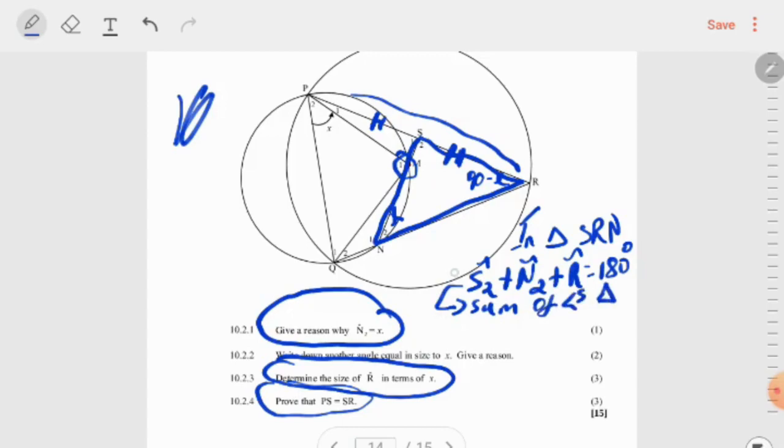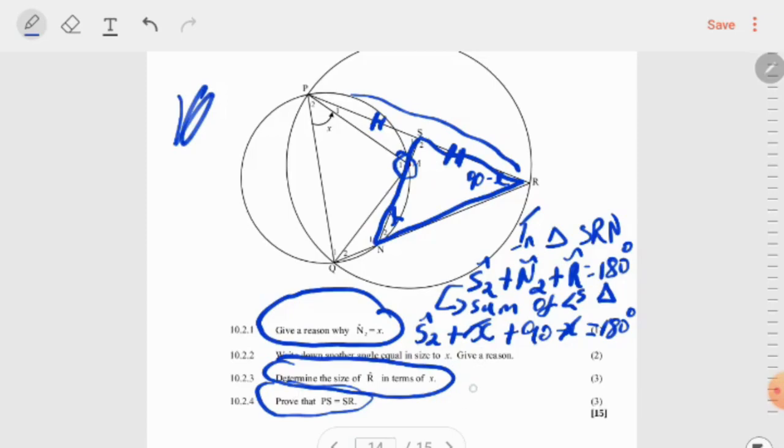All right. So now we're going to have angle S2 plus N2, which is X, and angle R, which is 90 minus X. All of this equals 180 degrees. So X minus X is 0.